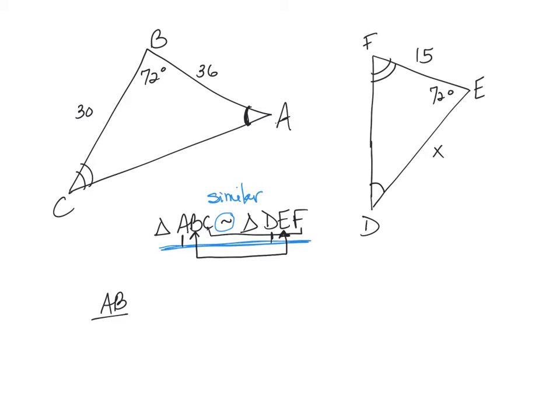So I have to match that up with the same angles in DEF. So here's my single arc at D, and 72 is E. So AB is proportional to DE. Okay?